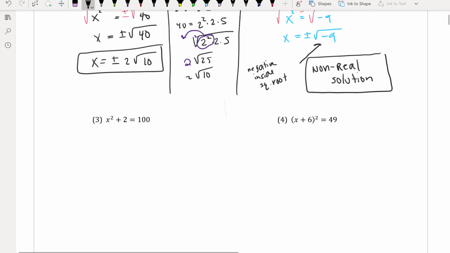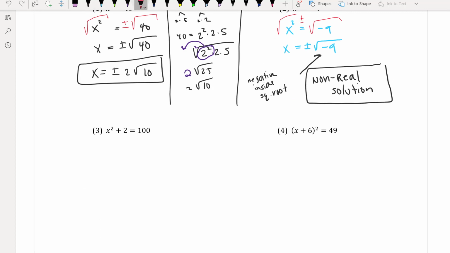Okay, so for number 3, I can't do the square root yet until I get the square isolated. So I'm going to subtract 2 from both sides. So I can get that x squared is equal to, well, 100 minus 2 is 98. And then from here, this is where I do the square root on both sides.